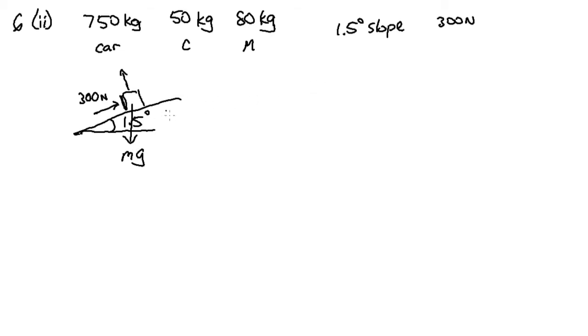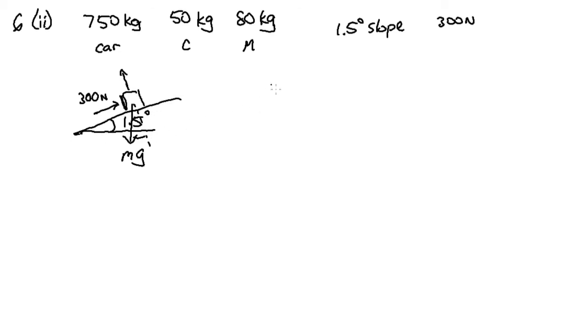And mg, if you do not know, makes the same angle as the horizontal to the slope. So basically this angle between the weight and the normal of the slope is the same as the angle between the slope and the horizontal.